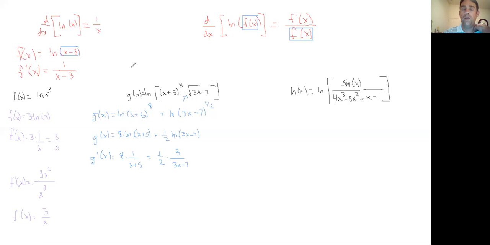Don't simplify it. If it's on the multiple choice, well, we would need to simplify that a little bit. So let's go ahead and simplify just a little bit. And I end up with 8 over x plus 5 plus 3 over 6x minus 14.